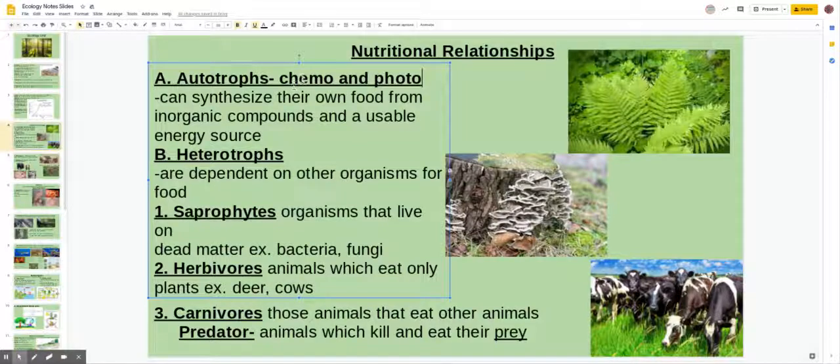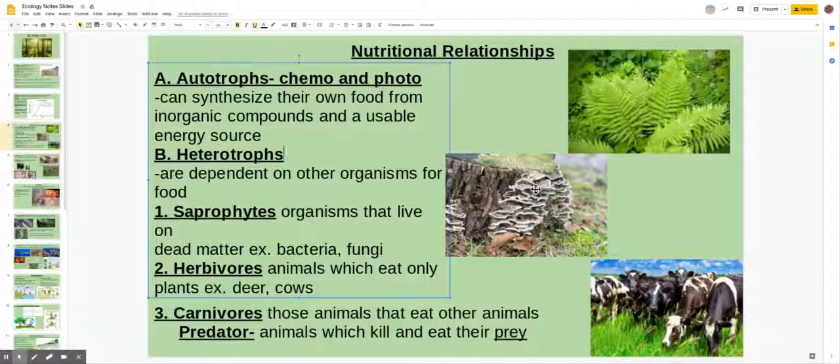All right, chemoautotrophs are those organisms that live at the bottom of the ocean and can survive in volcanic vents in the absence of light. Photoautotrophs require light. The heterotrophs are those organisms that require the consumption of organic material from other organisms. They depend on another organism for their food.